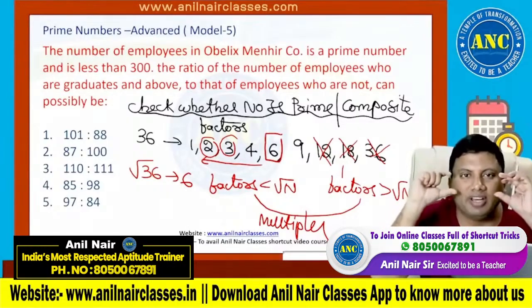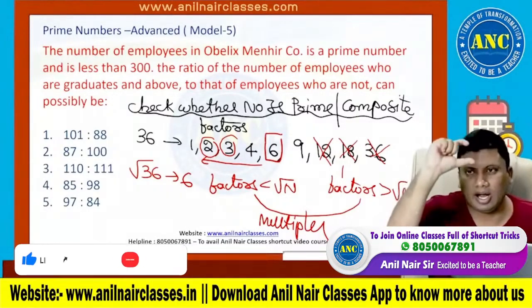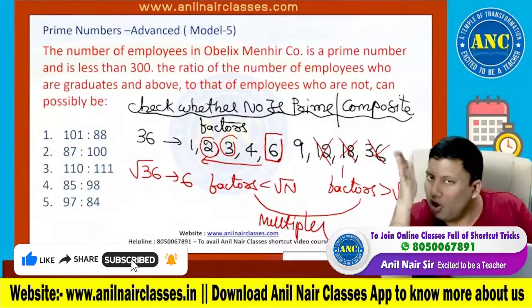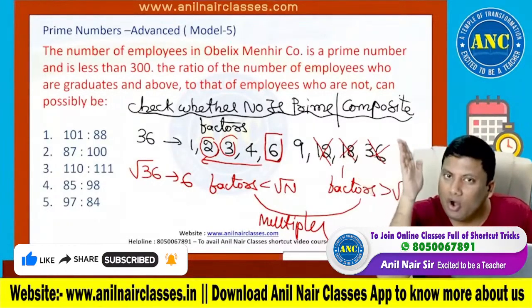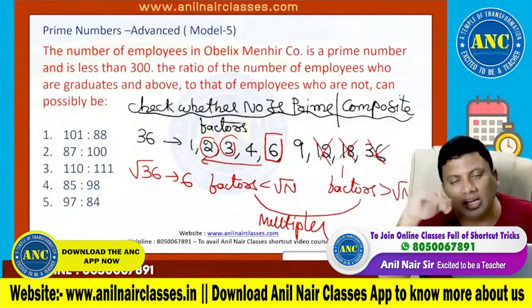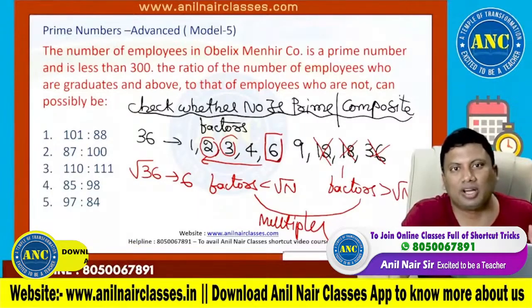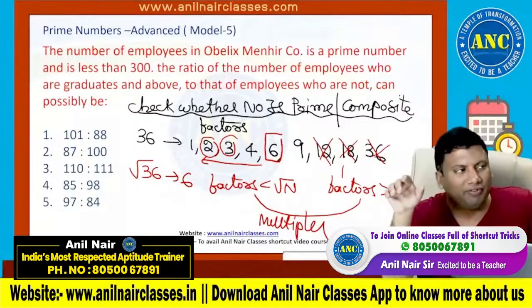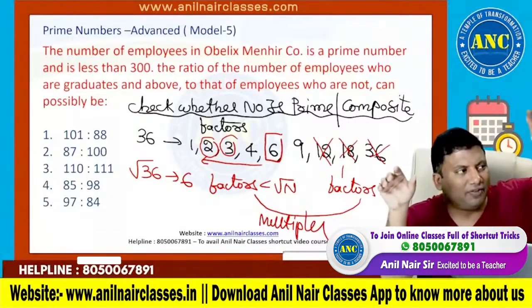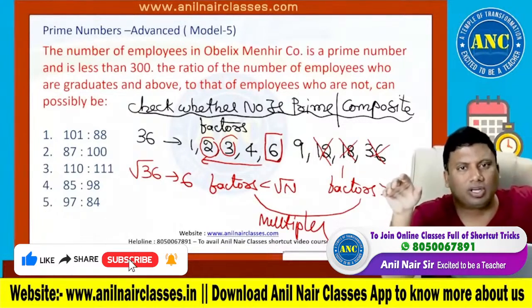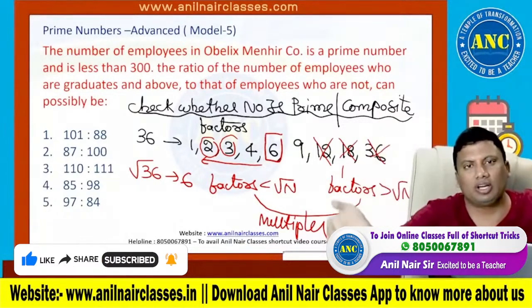That means if n is a natural number, write down root n. All the factors less than root n, all the factors greater than root n. All the factors greater than root n are nothing but multiples of the factors less than root n. I hope the idea is clear. If the given number is not divisible by any factor less than root n, automatically the factors greater than root n will be dropped.